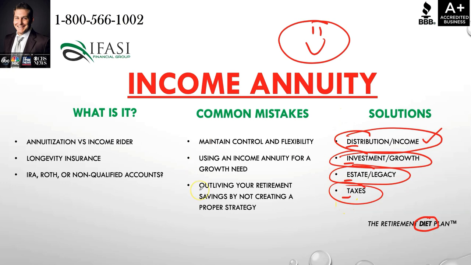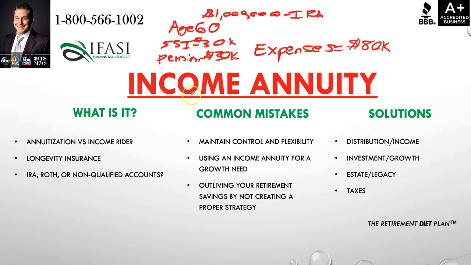In this scenario, I just threw a hypothetical example on the screen. Let's say somebody has IRA assets or retirement assets of $1 million, this person is age 60, and they're looking to retire at age 62. They have Social Security income that will come to them of $30,000, and pension income of $30,000.